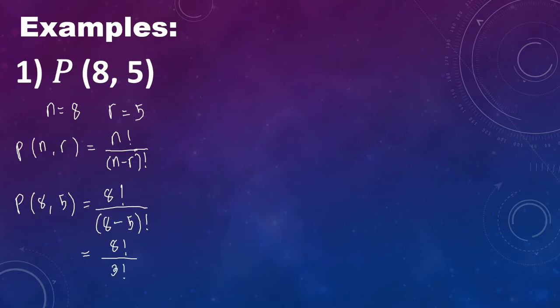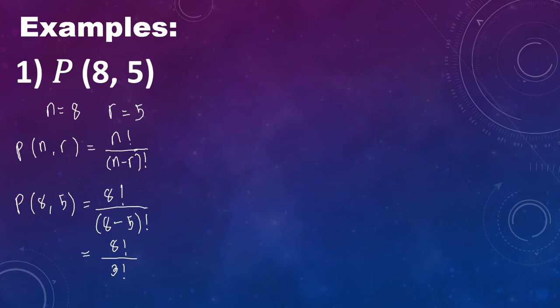Okay, so yung 8 factorial, i-rewrite natin siya with a factor 3 factorial. Okay, so i-rewrite natin. Ito ay magiging, dito na lang sa taas, equals, yan ay magiging 8 times 7. Ilipat ko siya dito kasi baka hindi siya kasya.